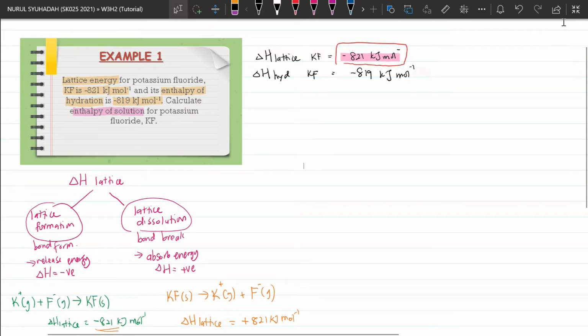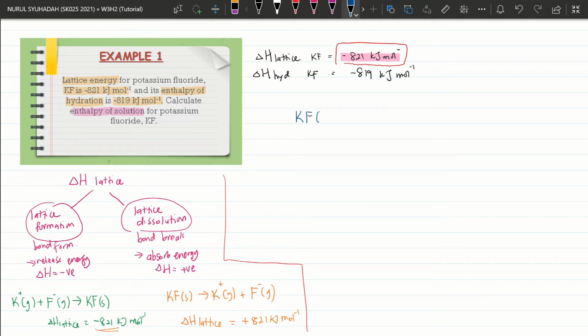So now let's continue with the question. Okay, so I hope you understand this part. So I will leave it over here. Okay, now we want enthalpy of solution, so we will start with writing down the target equation, which is enthalpy of solution. So our solid is KF, solid. So it will break into its ions. So what are the ions?